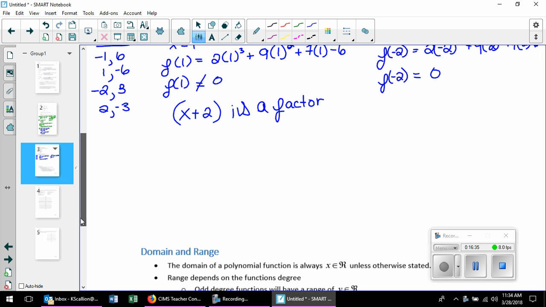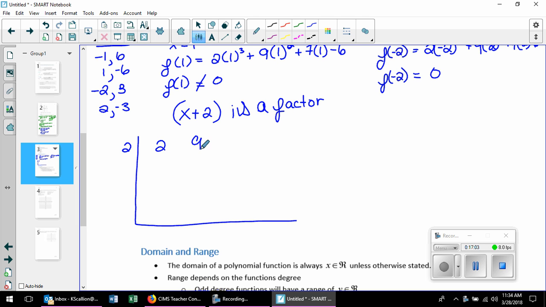So this might screw some of you up. I take it as a positive 2. On the inside, do you do positive 2 or negative 2? You all do it the same way. Because there's another way where you carry the negative.